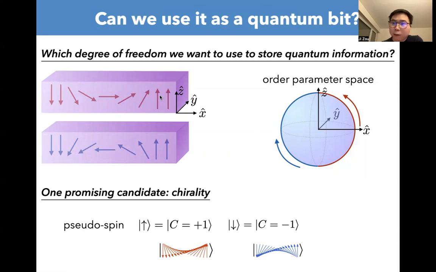So there are different ways to smoothly connect these two domains, right? For example, one way is to rotate the spin from down to up counterclockwise as we sketched here, in this upper case. And if we move all the spins onto this spin space, or the order parameter space, this would correspond to this radial trajectory, as we can see.